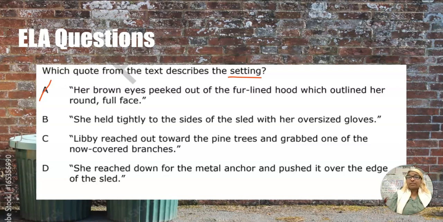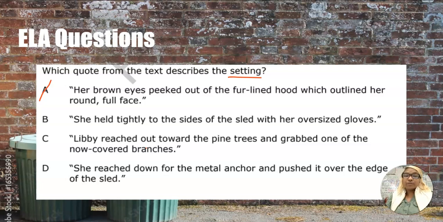We'll look at C. Libby reached out towards the pine trees and grabbed one of the now covered branches. If she is outside reaching for trees, that kind of gives the answer. We know that she is outside somewhere because there are pine trees and she is grabbing onto them. So we may want to leave that one up there.